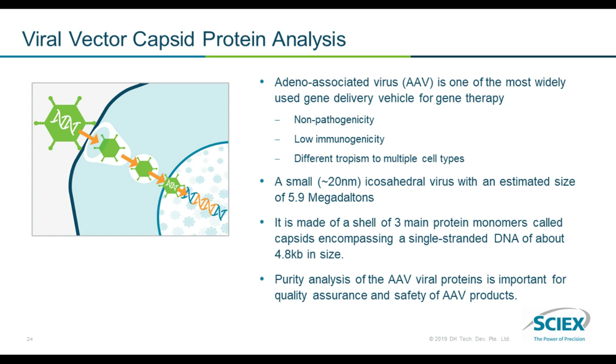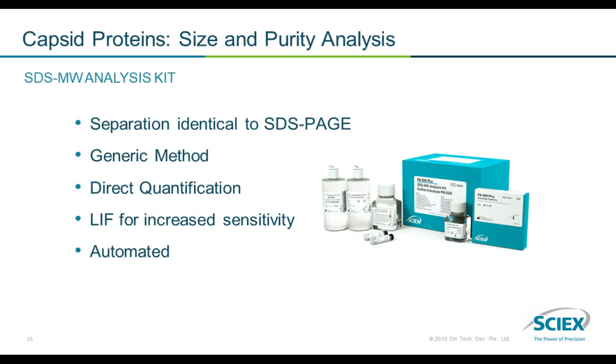The reason for wide usage of AAV is their non-pathogenicity, low immunogenicity, and differential tropism in multiple cell types. Basically, you have different serotypes which can target different cell types. Without going into detail, you need to do purity analysis of AAV viral capsid proteins for quality assurance and safety of AAV products, to confirm that you made the right viral vector.